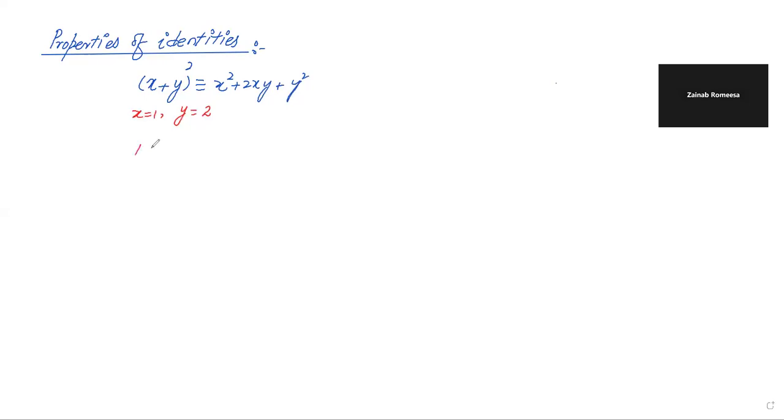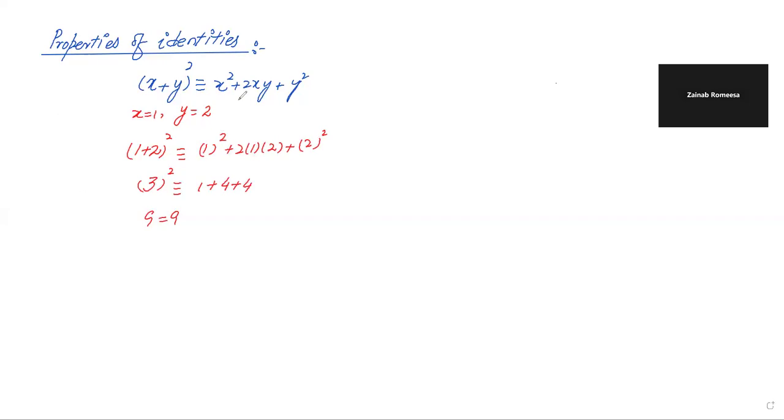So 1 plus 2 on the left hand side, and the same on the right: 1 squared plus 2 times 1 into 2 plus 2 squared. 1 plus 2 becomes 3 squared, and that is equal to 1 plus 4 plus 4. So I get 9 is equal to 9. So the first one is over here.